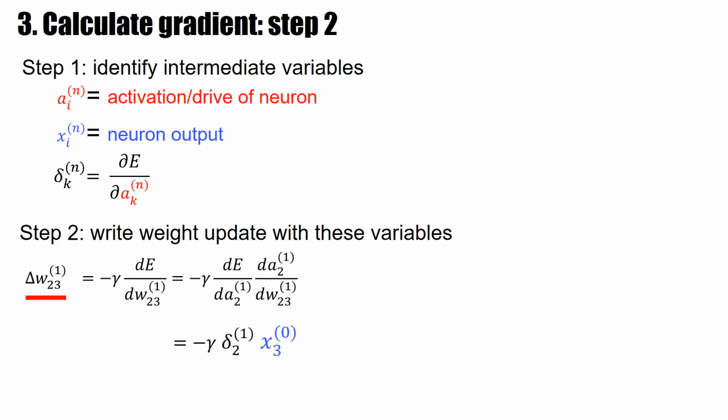And now we can identify this term here is exactly our definition of this delta. And for this term, we have to calculate the activity of a neuron k in layer 1, which depends on the input. I take the derivative with respect to the weight w_23. So out of this sum over l, only one term remains, and that's the term l equals 3. And so this is x3 in layer 0. So this is now our update rule.